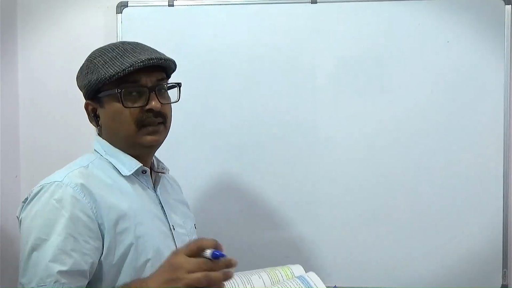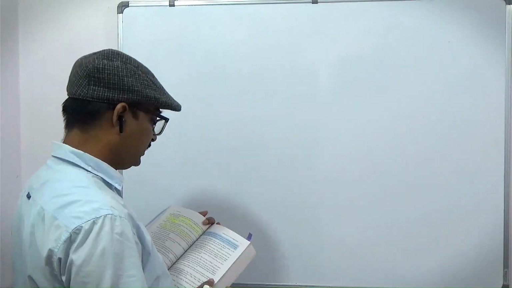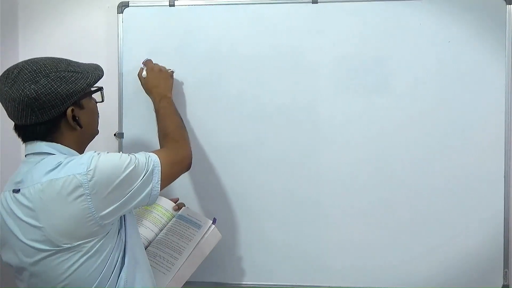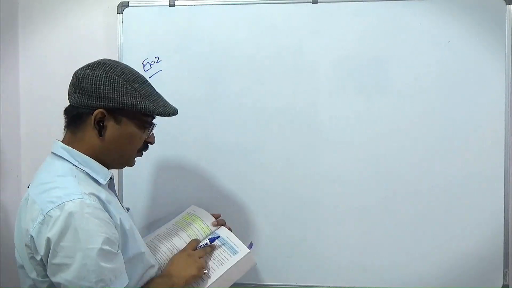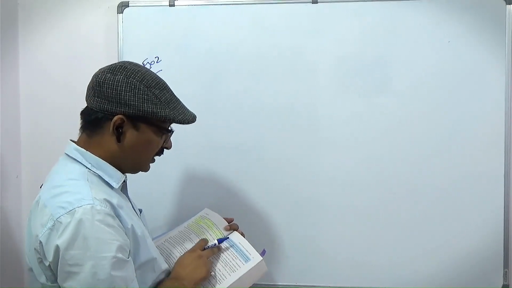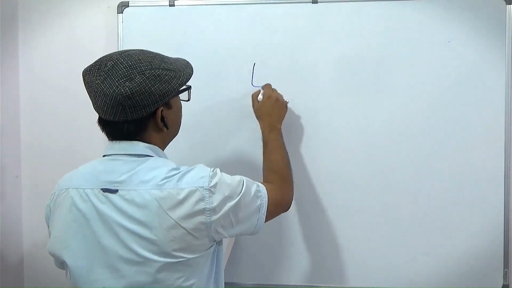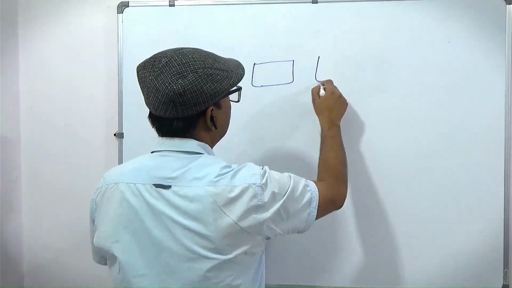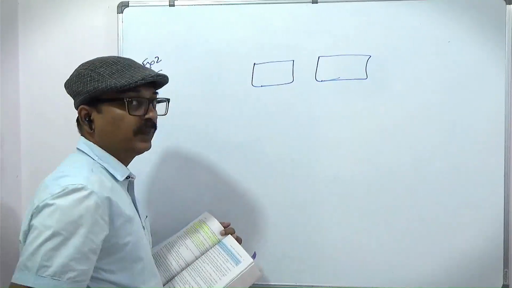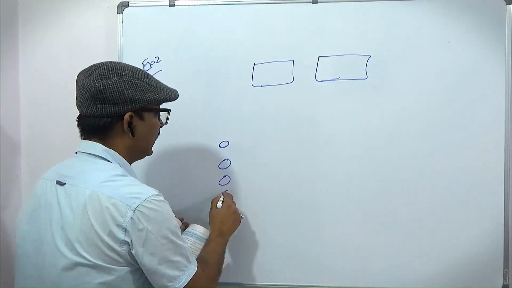So let's see other examples from NCERT. The second example is given four flags. It says given four flags of different colors, how many different signals can be generated if a signal requires the use of two flags? Let's say this is the signal, and we have four different flags.